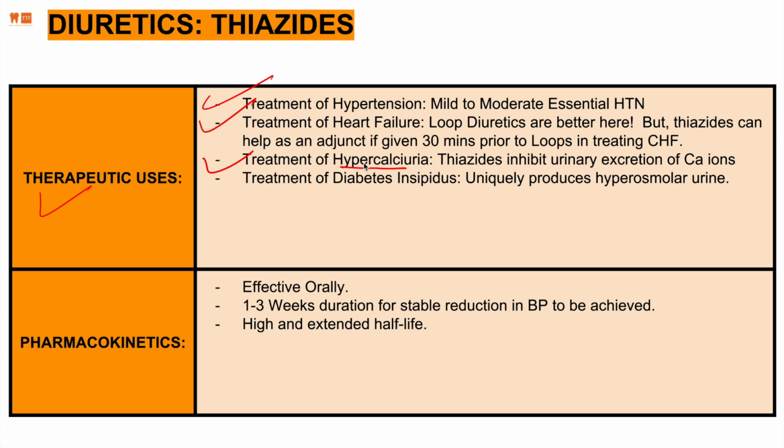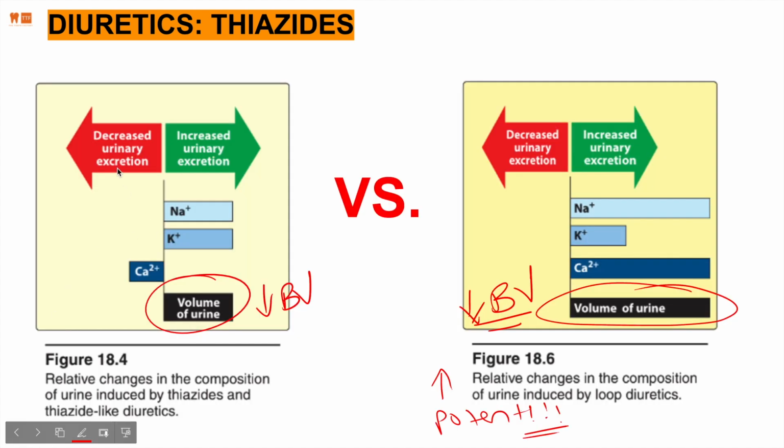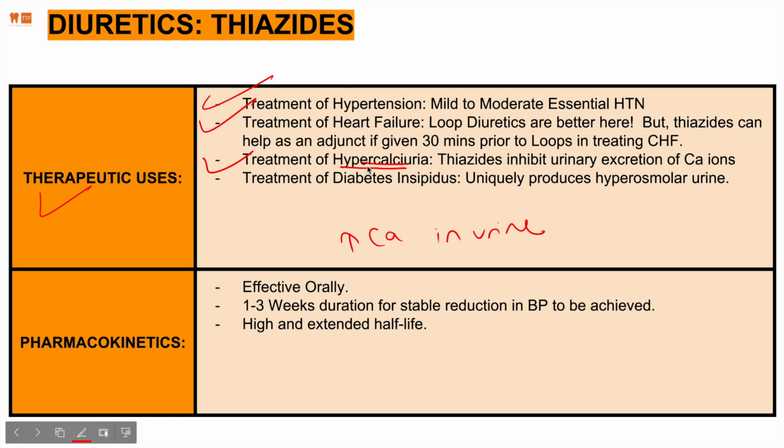Remember, in hypercalciuria, it's a condition where there is increase of calcium in urine. In that case, thiazides can help. Remember, because they decrease the urinary excretion of calcium. It's thiazides that inhibit the urinary excretion of calcium ions.